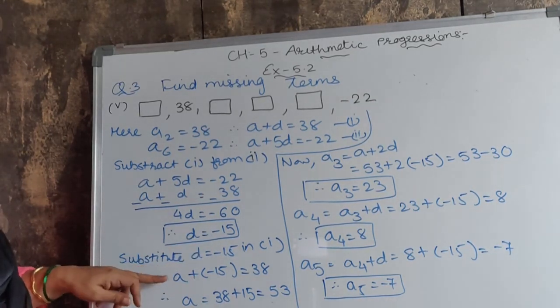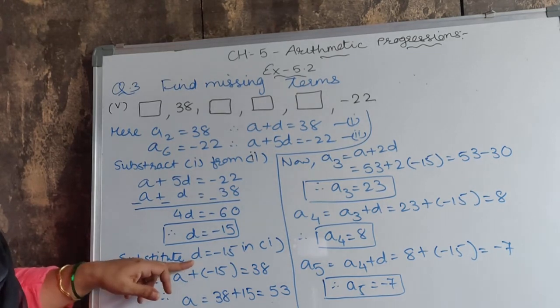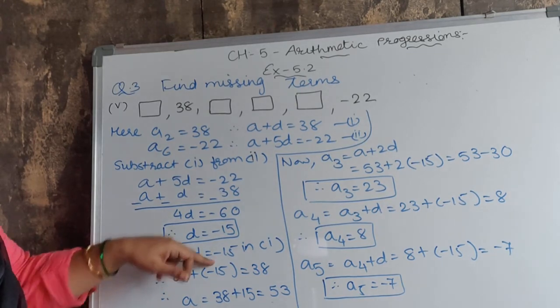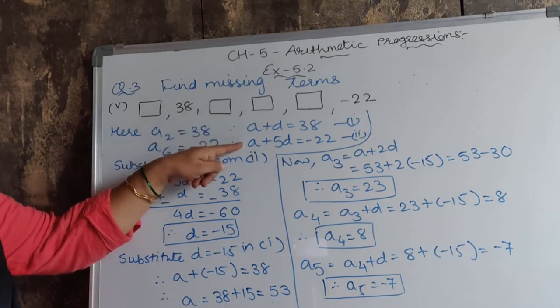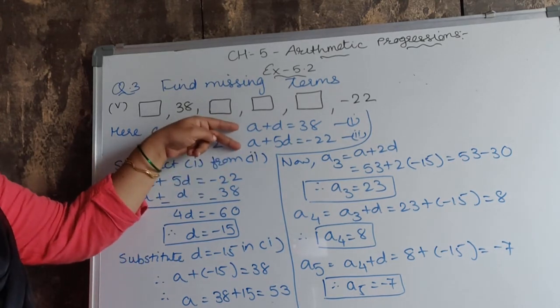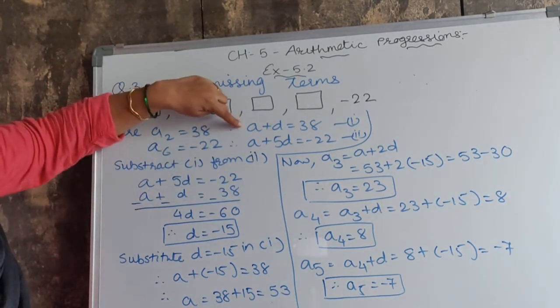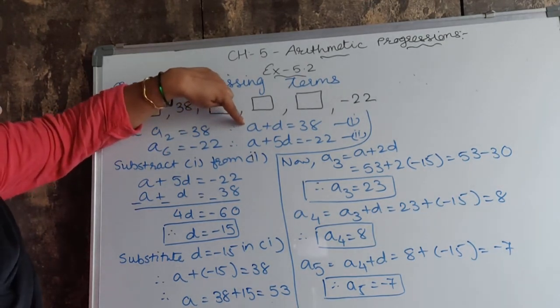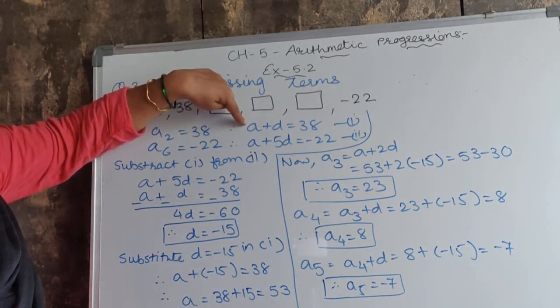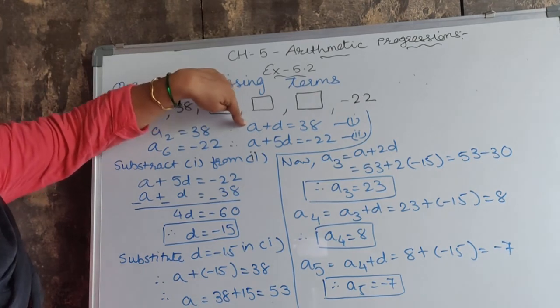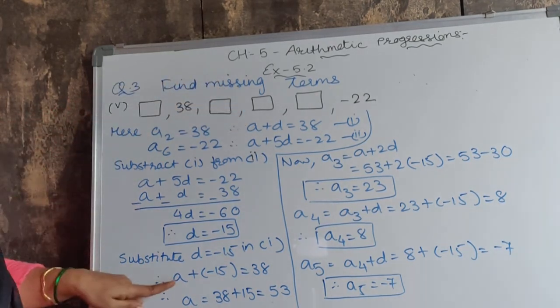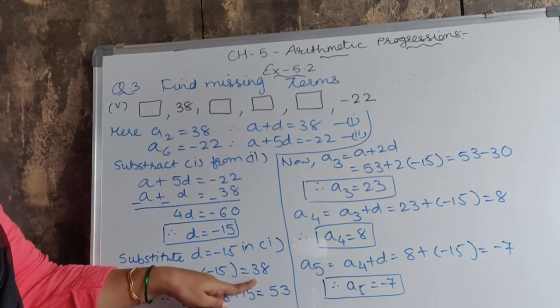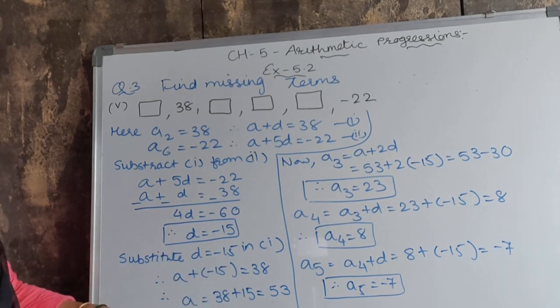To get the value of A, we substitute the value D is equal to minus 15 in any one equation. Out of these two, I think equation 1 is easier for calculation. That's why I selected the first equation for the substitution. So here A plus D is equal to 38 and therefore the value of A is equal to 53.